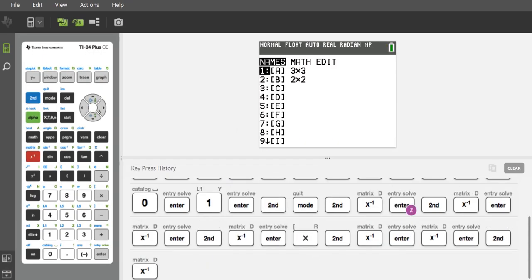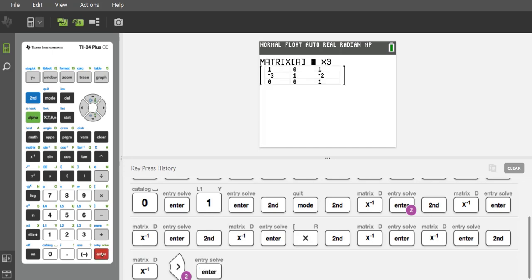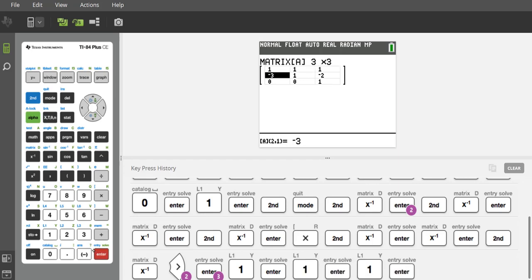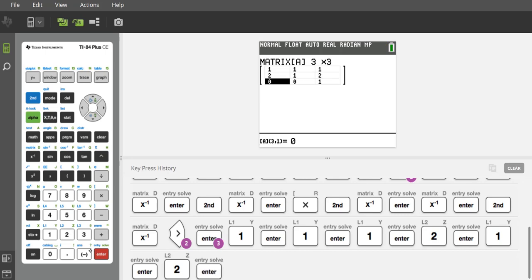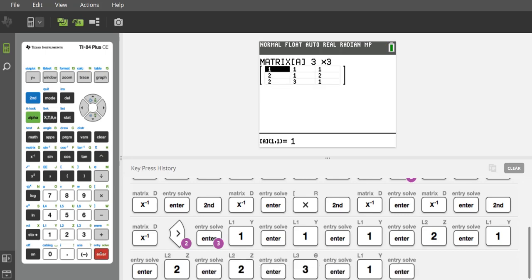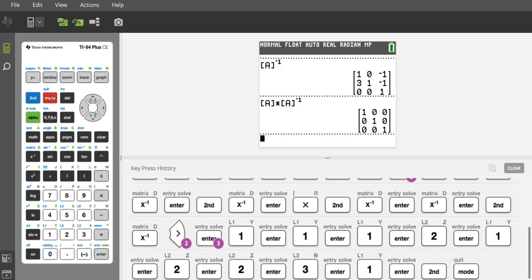I'm going to go edit my matrix A. It's a 3 by 3, and the matrix is 1, 1, 1, 2, 1, 2, 2, 3, 1. Second quit.